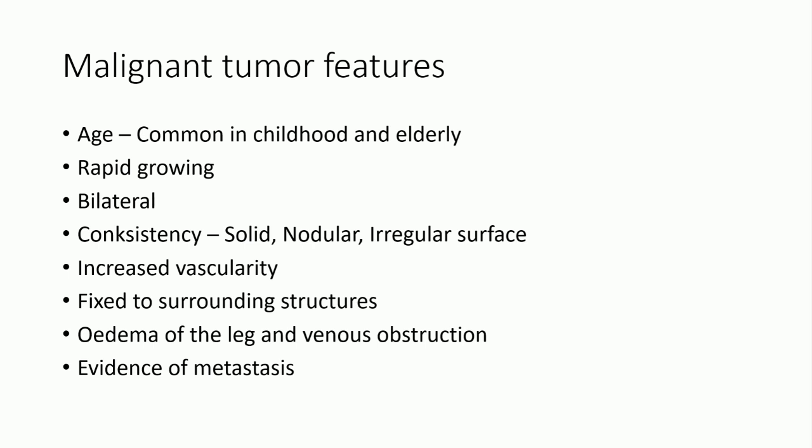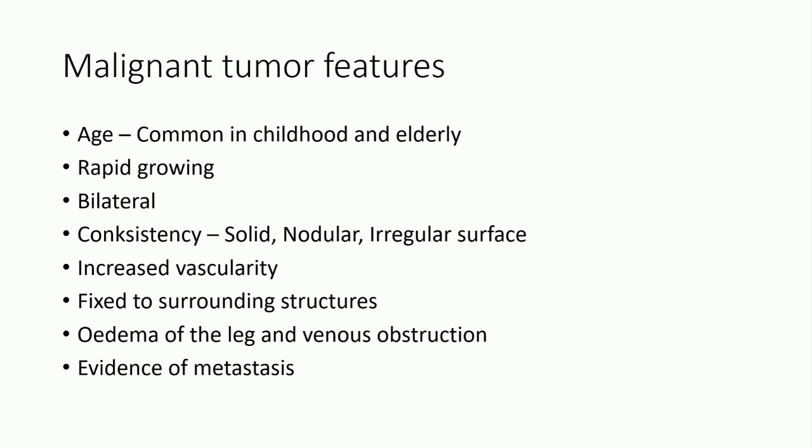And the increased vascularity. Usually vascularity is highly increased in the malignant tumor. We know because due to the several growth factors secreted from the tumor cells, the vascularity automatically increases. And we know when there is a malignant tumor, it grows rapidly and it is firmly attached to the surrounding structures.